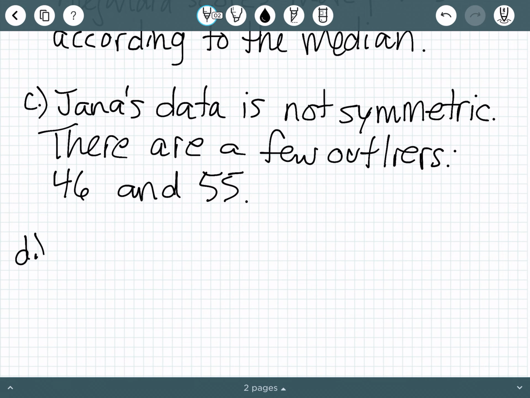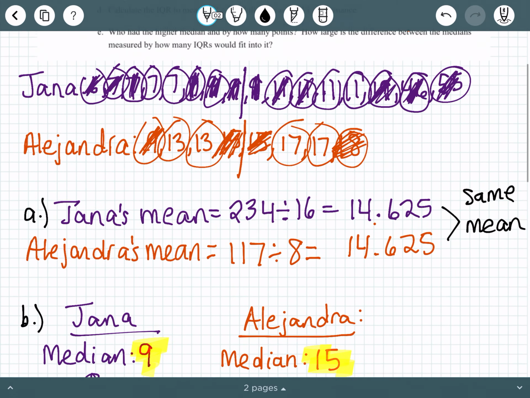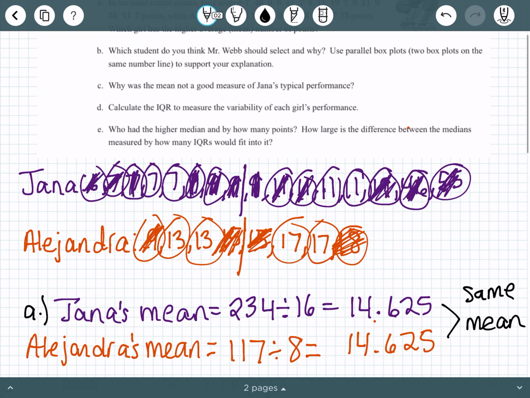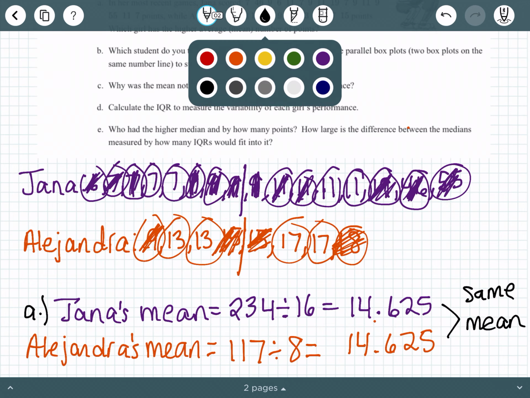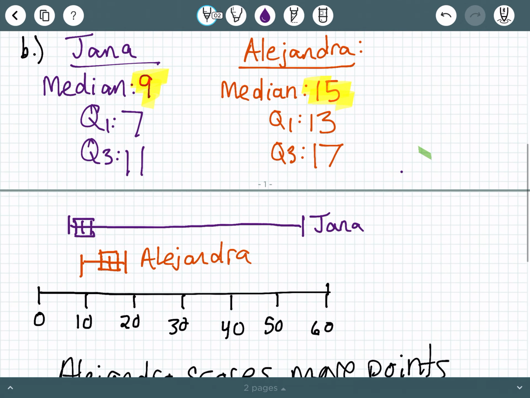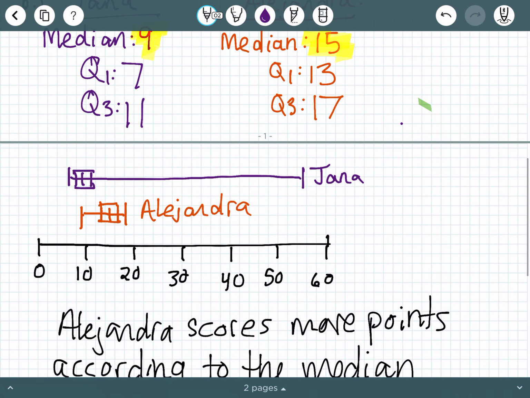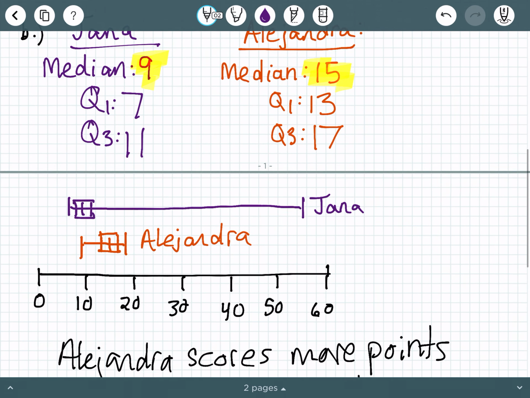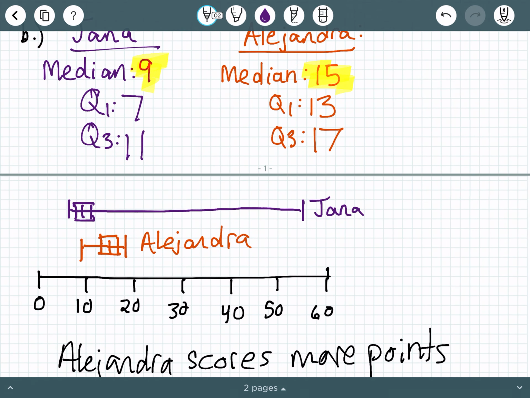So let's go ahead and take a look at part D now. D says to calculate the interquartile range to measure the variability of each girl's performance. So let's take a look at Jana's first. Again, to find the IQR, or the interquartile range, we take the third quartile and subtract the first.